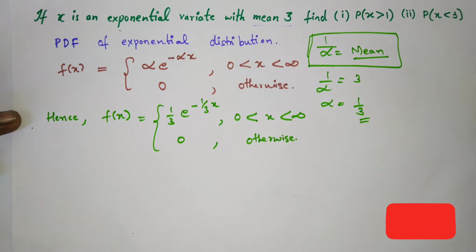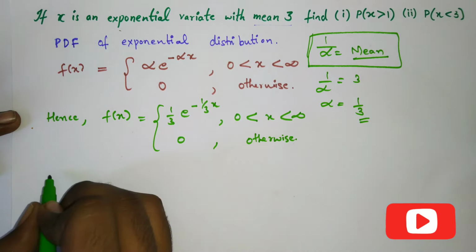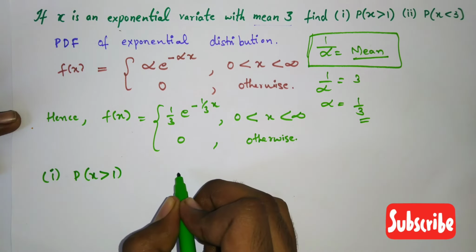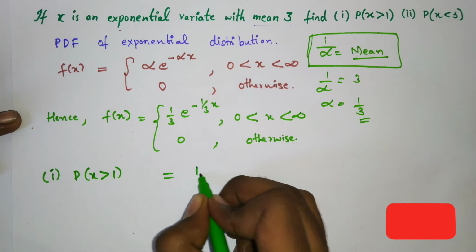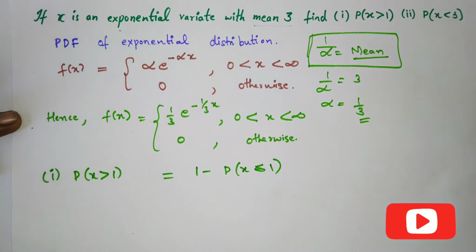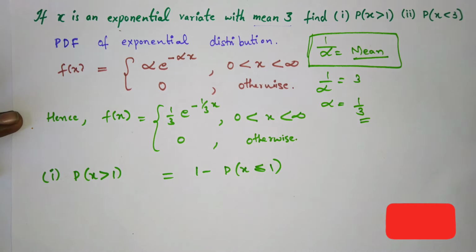Now let us move further to calculate P of x greater than 1. We can write it as 1 minus P of x less than or equal to 1, correct? X greater than 1 means 1 minus P of x less than or equal to 1.